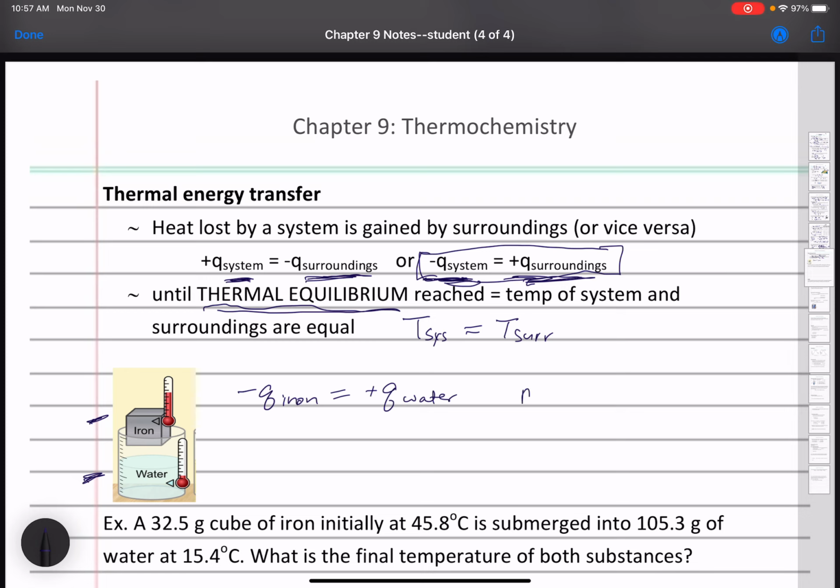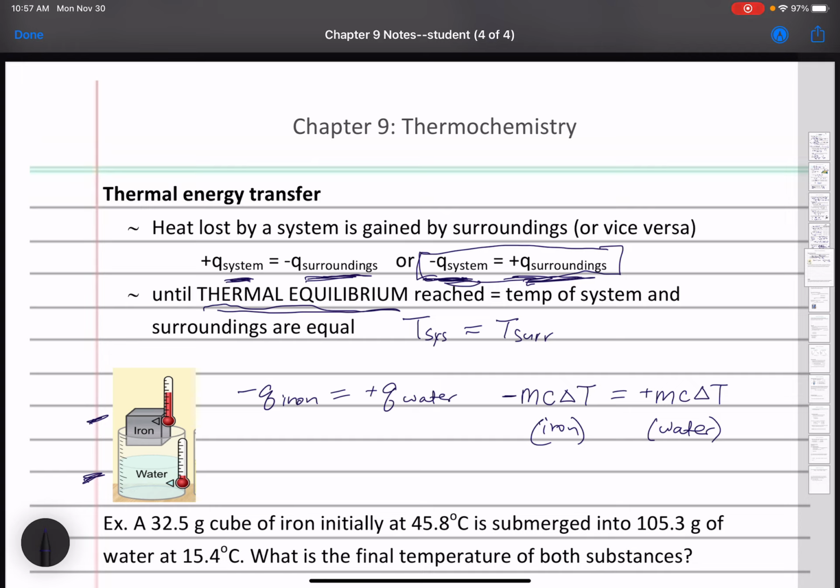We could say that the mass times the specific heat capacity times the change in temperature that is lost by the iron, all right, so the mass of the iron times the specific heat capacity of the iron times the change in temperature of the iron is equal to the mass times the specific heat capacity times the change in temperature of the water.